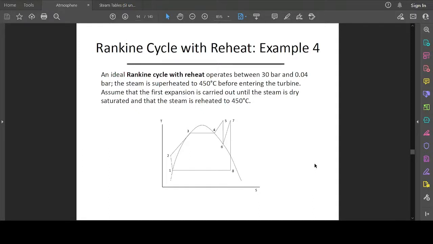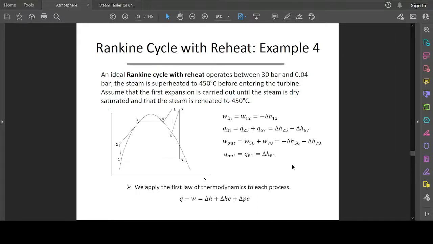So assuming that the first turbine expansion is carried out until the steam is dry saturated and that the steam is reheated as we see here, we can identify the total work in, which is between 1 and 2. We know that it's a pump work and it's giving us the change in enthalpy from stage 1 to 2.